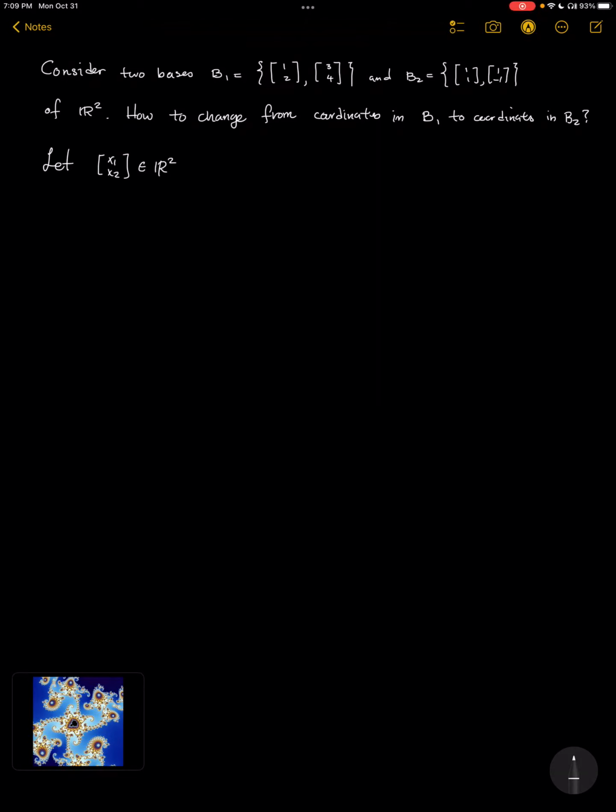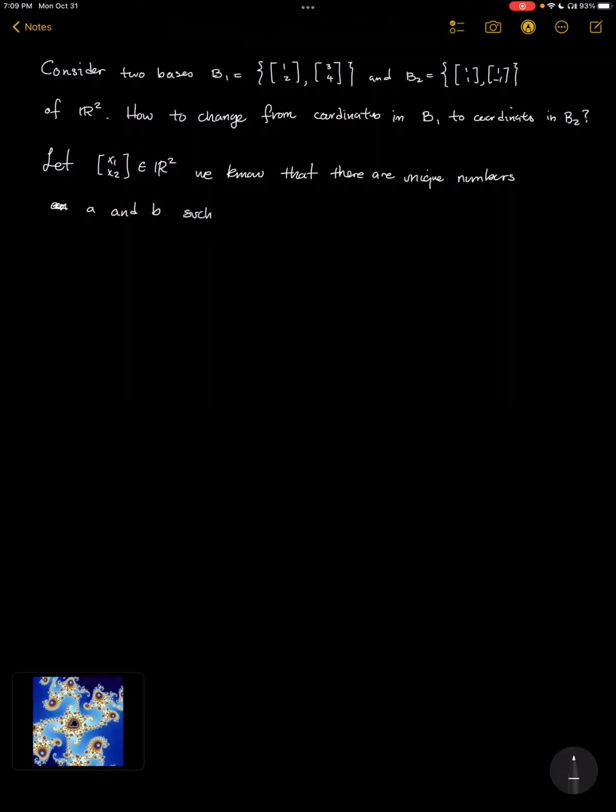Since V1 is a basis, we know that there are unique numbers A and B such that you may write (x1, x2) as A times (1, 2) plus B times (3, 4).